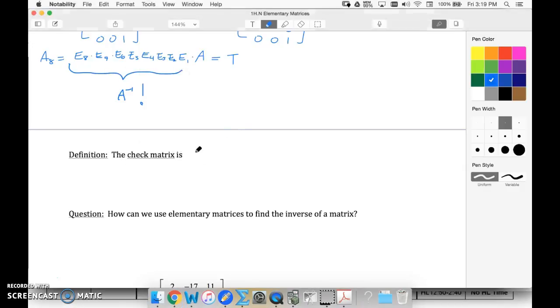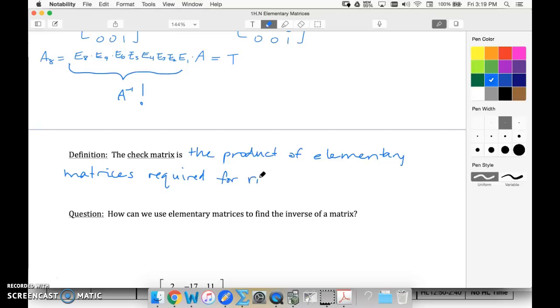So the check matrix is the product of elementary matrices required to produce reduced row echelon form. So here, E8 times E7, 6, 5, 4, 3, 2, 1, all of those together, that final product is called the check matrix, and we normally use W to denote it.